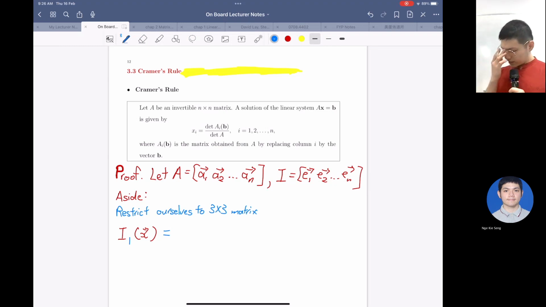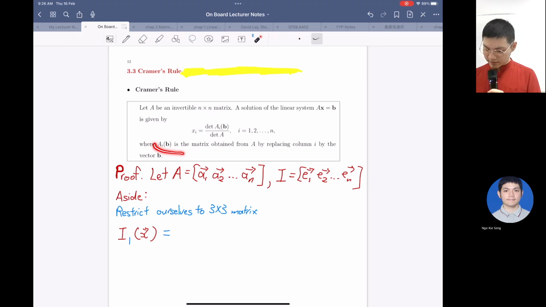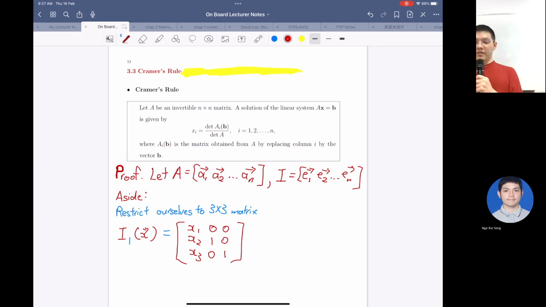What is I1(x)? Following the notation here, it is a matrix obtained from the identity matrix by replacing the first column with the vector x. So what we get is x1, x2, x3 in the first column, then 0, 1, 0, and 0, 0, 1. And what's the determinant of this matrix?